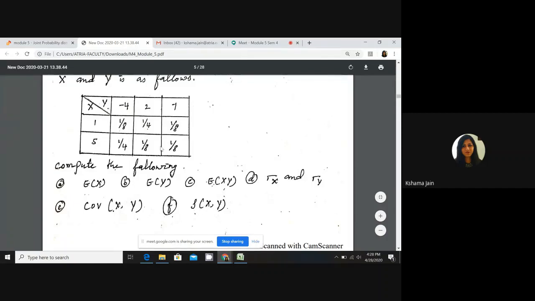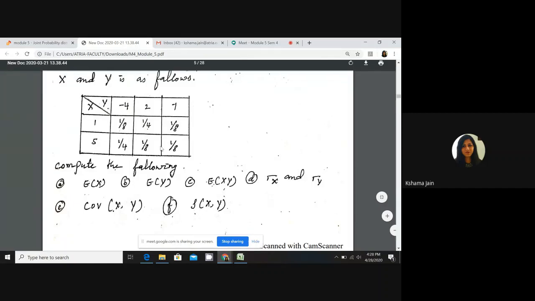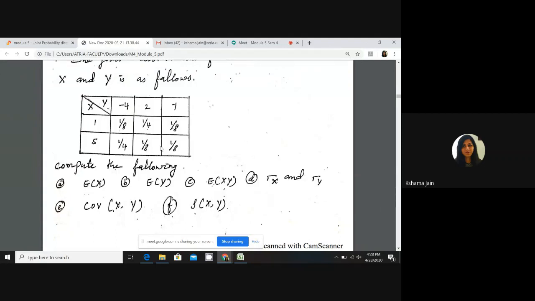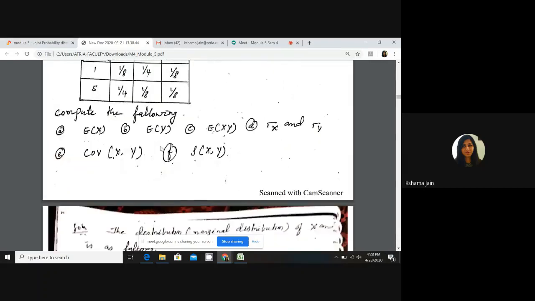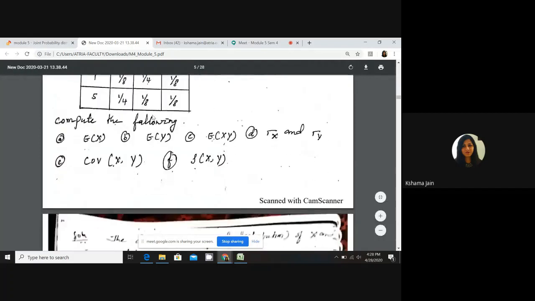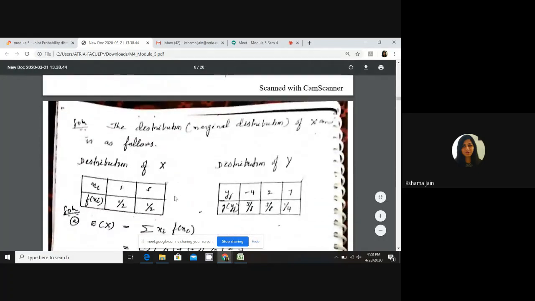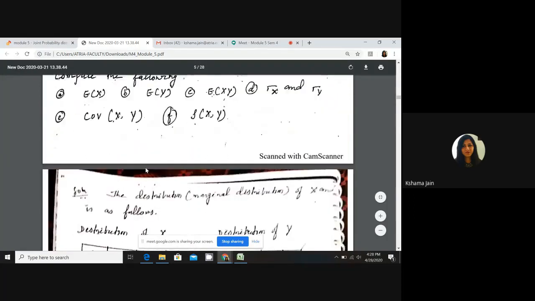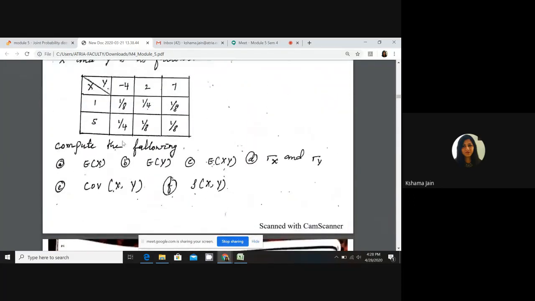So how will you do this? First, your work is to break the joint probability distribution, or separate them, into X and Y, because we need to find E[X]. For E[X], first you will break them. So remember, X is 1 and 5 and Y is minus 4, 2, 7. Now, how to find f(x) and f(y) separately?